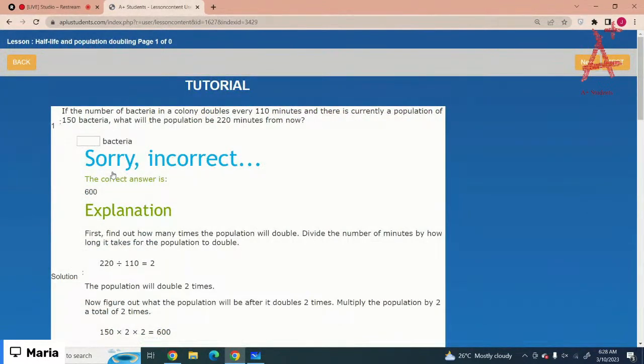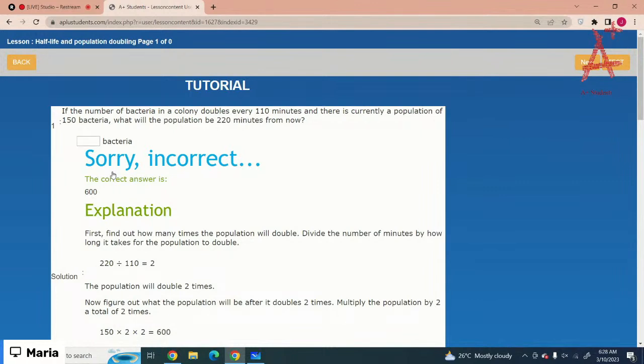If the number of bacteria in a colony doubles every 110 minutes and there is currently a population of 150 bacteria, what will the population be 220 minutes from now? Got it? That means in every 110 minutes they will double. You have to calculate how many bacteria after 220 minutes.